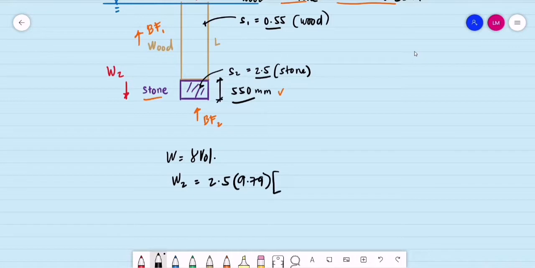Ano yung volume ng stone? The same diameter with the wood, 0.55 squared pi, this is divided by 4. Tapos yung length niya, 550 millimeters, so, pareho lang, 0.55 meter. So, this will be the weight of the stone.